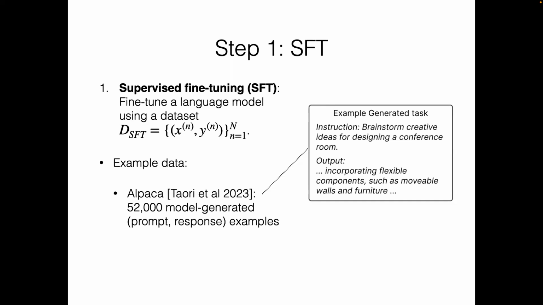Or if you collect a lot of different conversations, then you can have actual prompts and actual responses from users. We went into some examples of this in the instruction tuning lecture. But again, we're in the setting of performing general tasks, or just responding to user prompts.